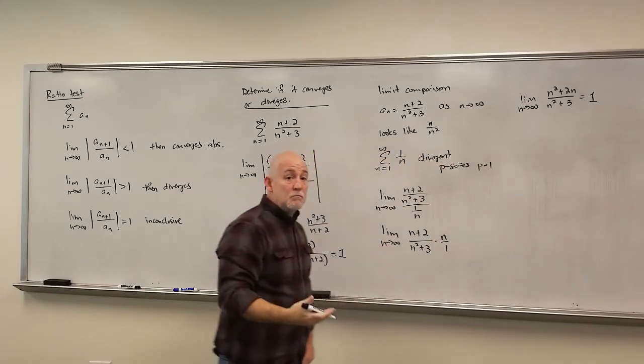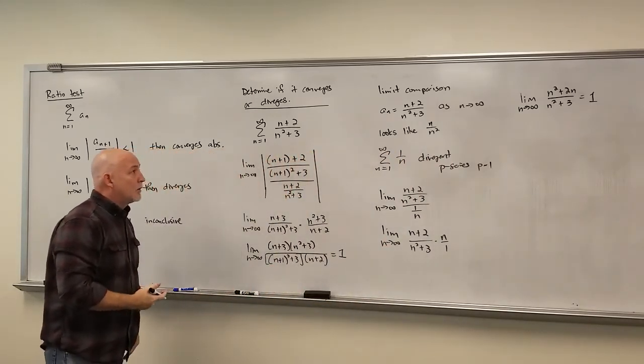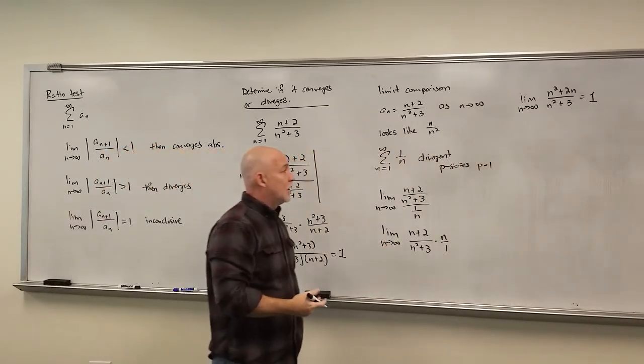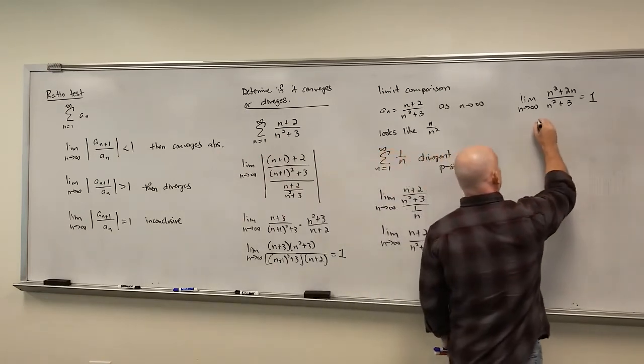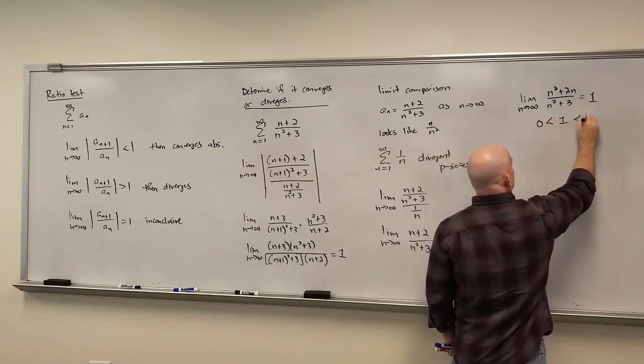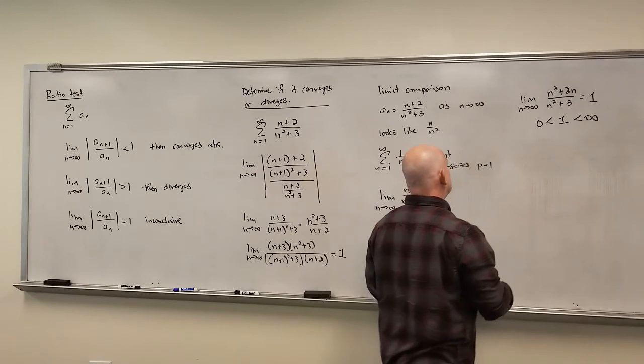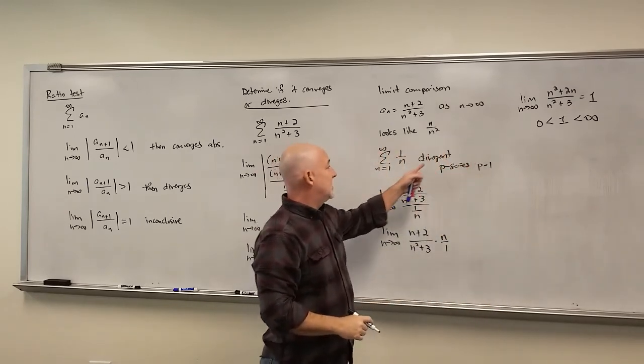Now remember that 1 means something different now. According to our limit comparison test, if we get a number that falls between 0 and infinity, that means that these do the same thing.